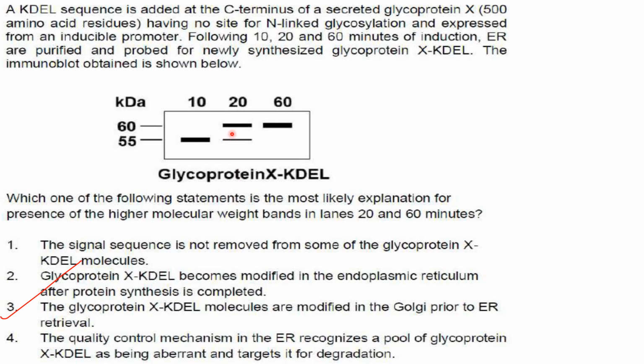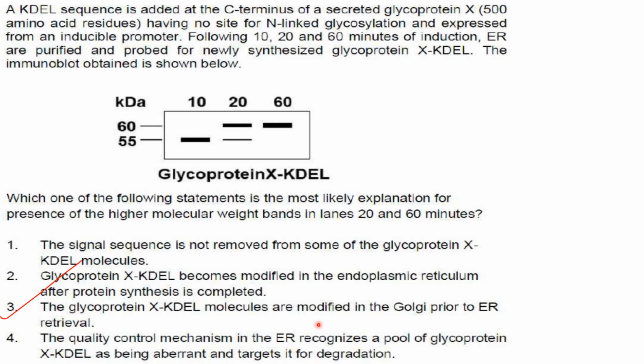you got higher molecular weight band at 20 and 60. So first maximum was at 60. Higher molecular weight band at 20 it was less, and some 55 kDa band also was observed. Now why did I say that third is the right answer?